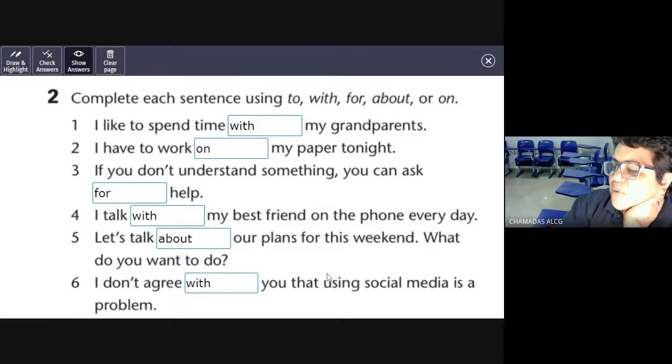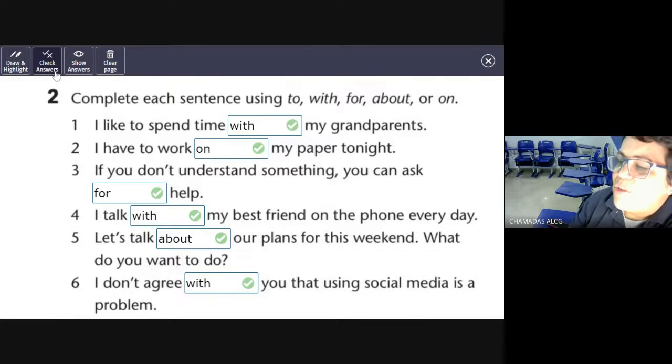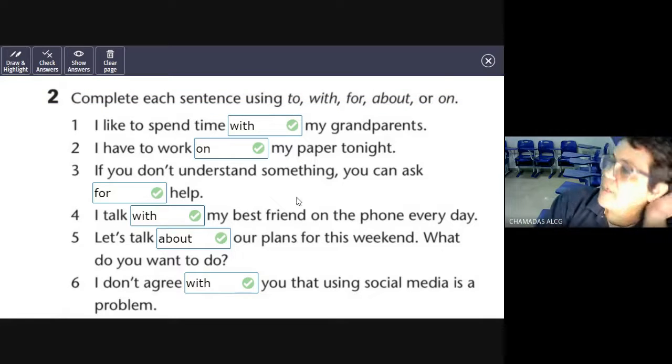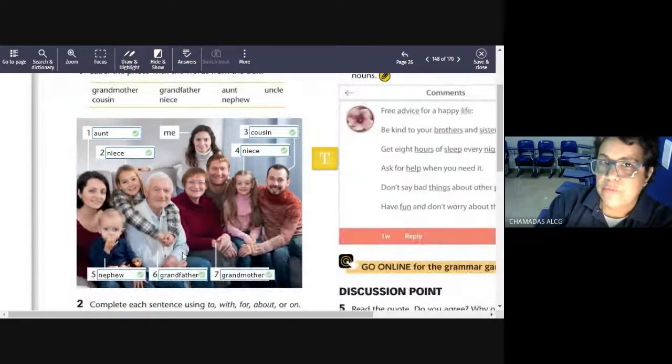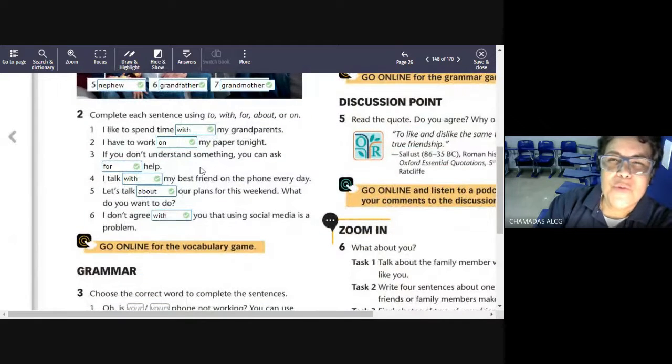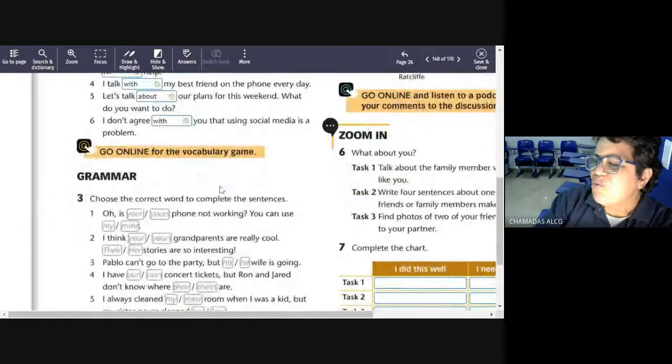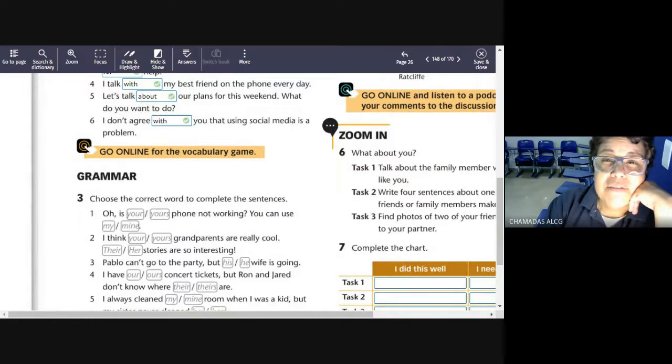I don't agree with you that using social media is a problem. Okay, so checking the answers. Yeah, everything okay. Just remember that number 4, you can say talk to. Okay. All right, this was the vocabulary of Unit 2. Family members, verbs with prepositions. Now, what was the grammar?